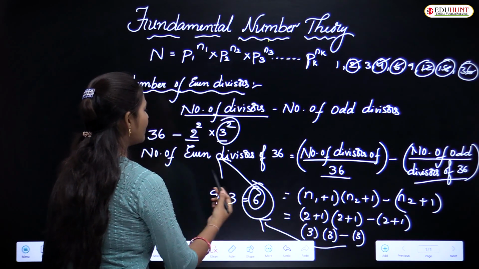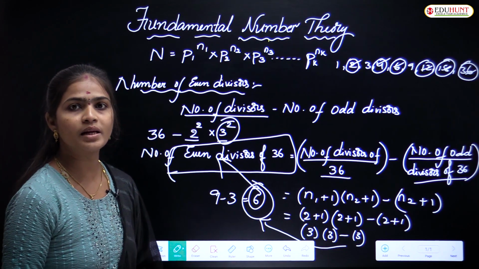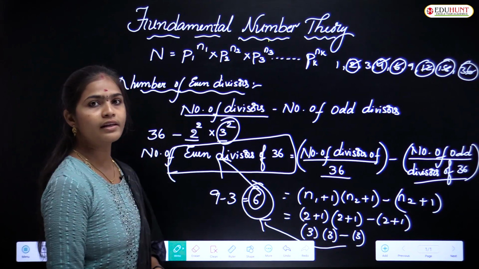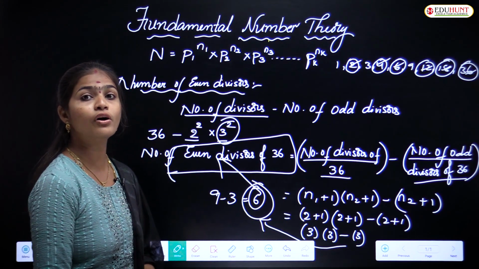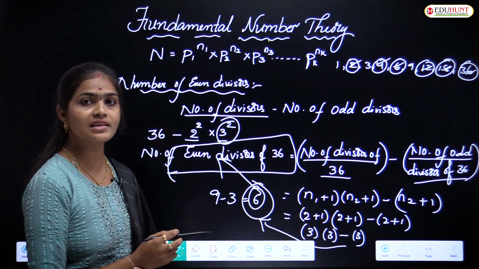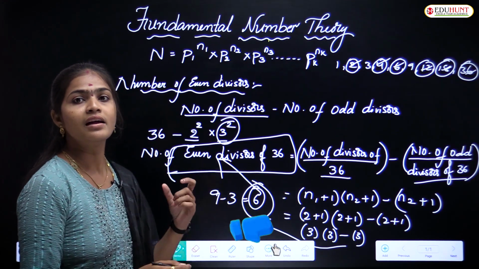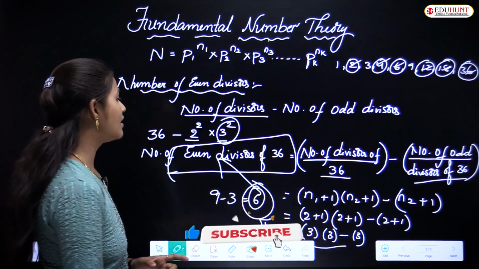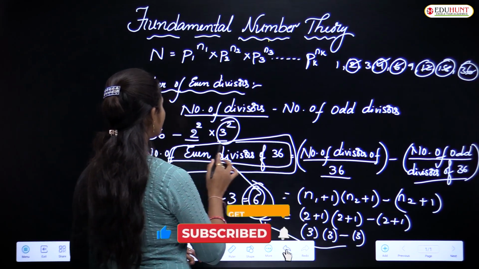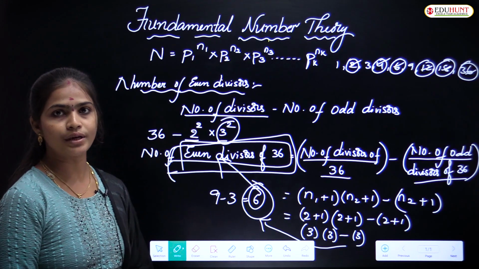So 6 even divisors are there for 36. So the formula is the number of all divisors minus the number of odd divisors. That is the formula we have to use to find the number of even divisors of a particular number.